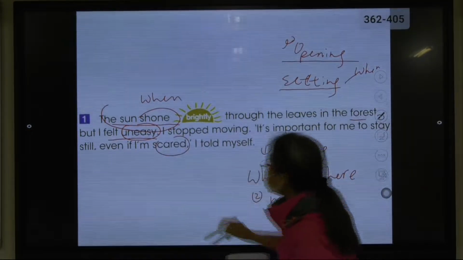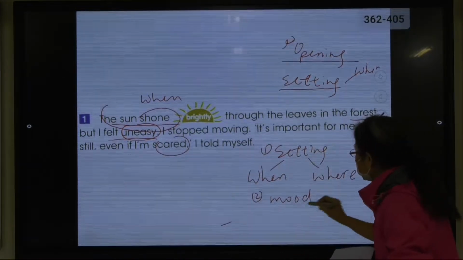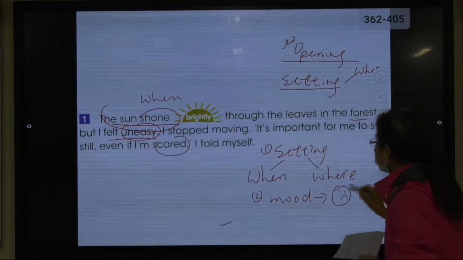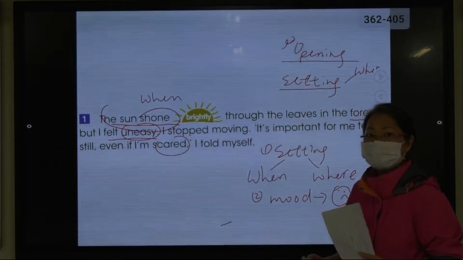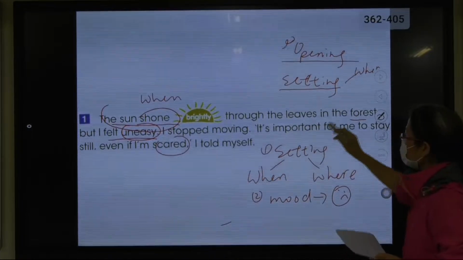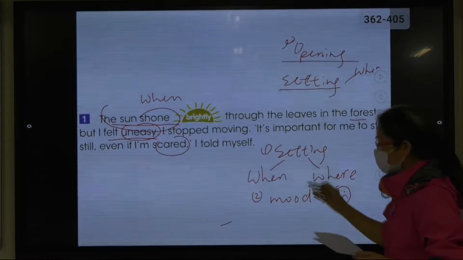Also, I'm scared. How about the mood? Good or bad? Obviously, it seems it's not good. Okay, uneasy. What does it mean in Chinese? 唔自在, scared, frightened. Okay, so in paragraph 1, in the opening, we know about the setting and the mood of the story.